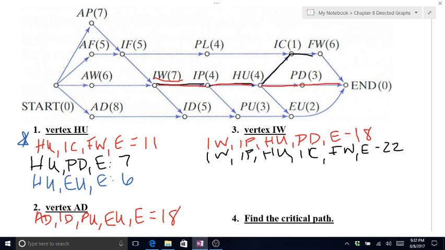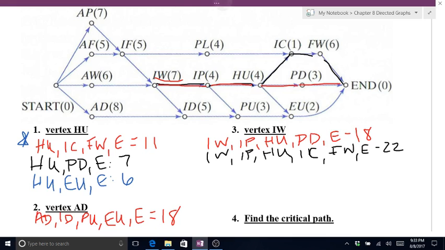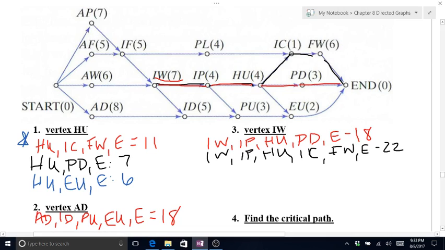Did I have that right? Okay. I can also go IW, IP, HU.